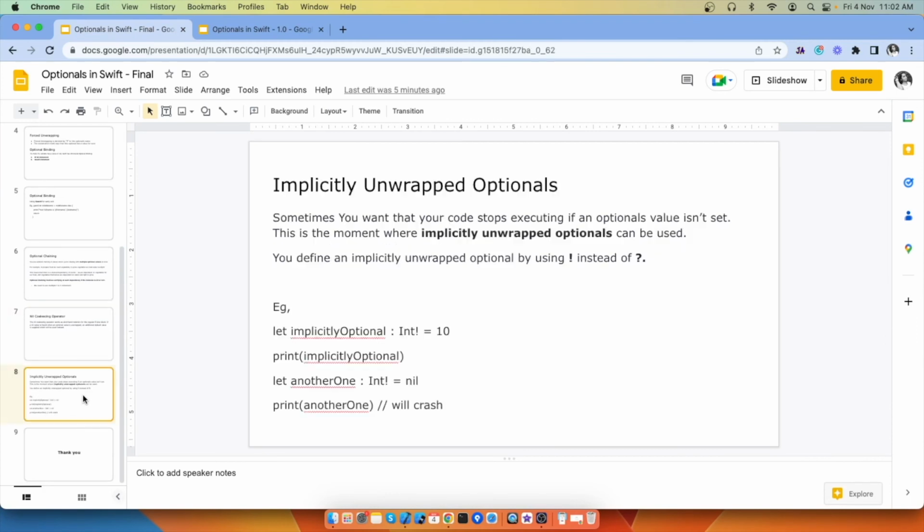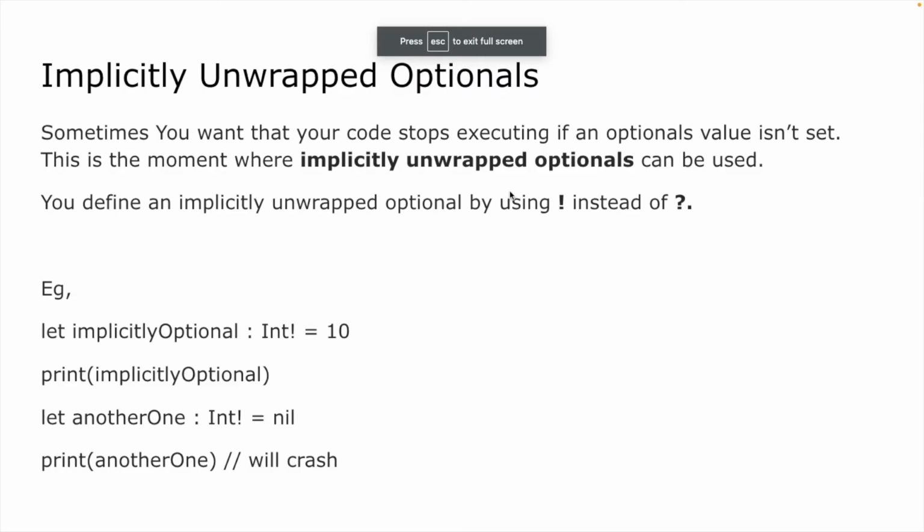Now let's check the last and very least used concept of optionals, which is implicitly unwrapped optionals. So here we are implicitly unwrapping the optional. When can we implicitly unwrap? We can only implicitly unwrap the optional when we want our code to stop executing when the optional does not have any value.